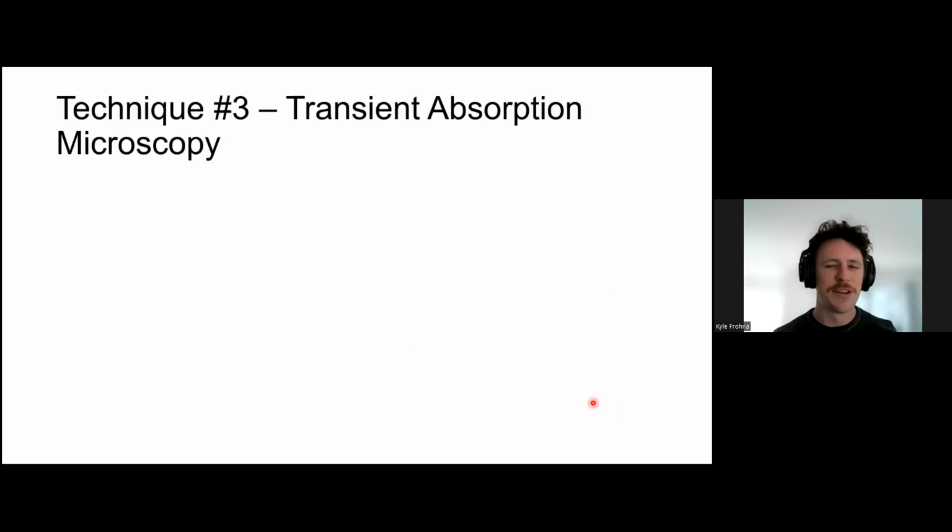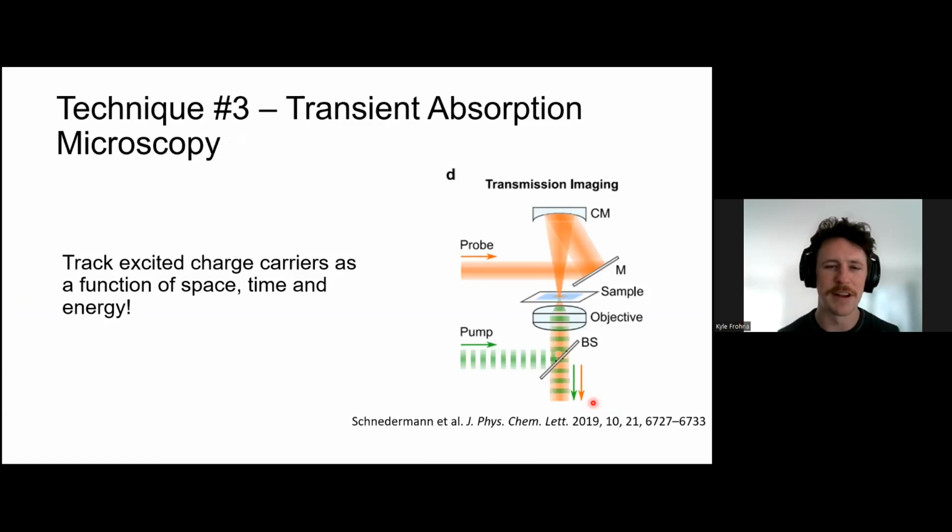So we turned to a technique which I am not an expert on, but some very smart people in the FAST lab in Cambridge are. This is transient absorption microscopy. It's the equivalent of transient absorption, where you pump in an excited population of carriers and then probe that population at some finite time after the pump.